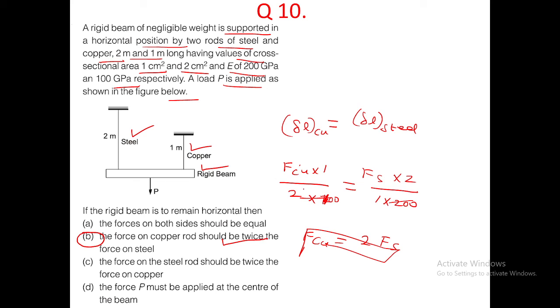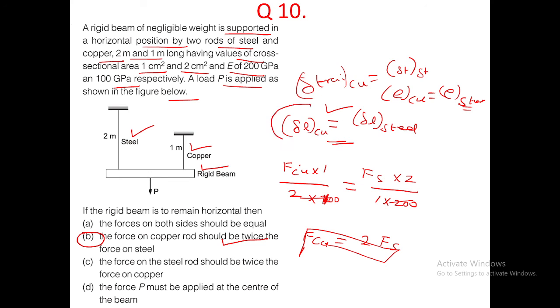Now, is the strain of copper equal to the strain of steel? Only if the strains were equal would this hold, but the ratio of strain will vary.